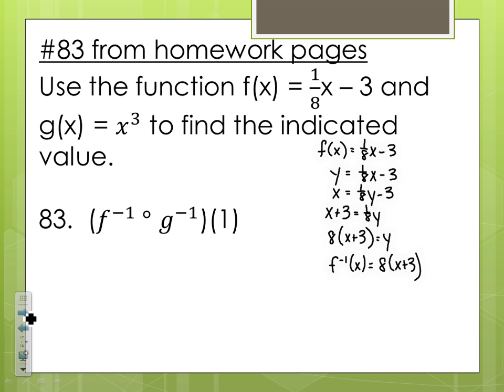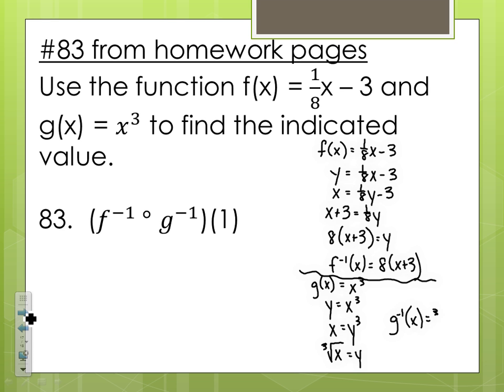So now let's do the same thing for g of x. Swapping my x and my y's. And now if I'm going to solve for y, I need to do the cube root of both sides. So g inverse function is cube root of x.